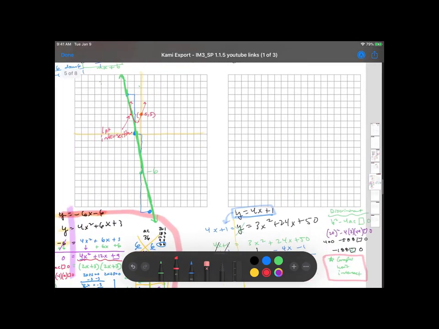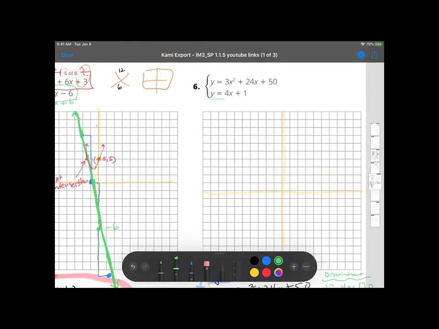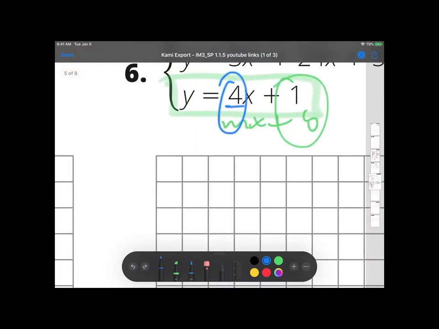All right, let's graph this thing. Let's go ahead and graph the linear first. Super easy. It's the mx plus b, right? B is the y-intercept of 1, and then a slope of 4. Remember, slope is rise of 4 and a run of 1.